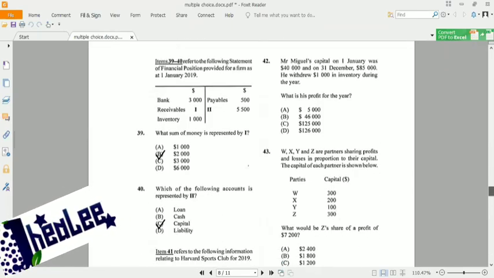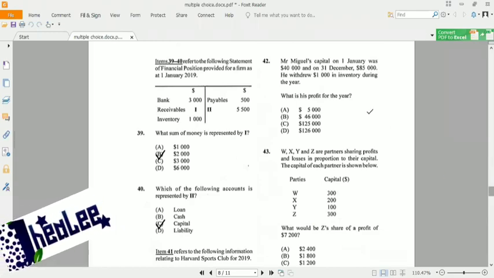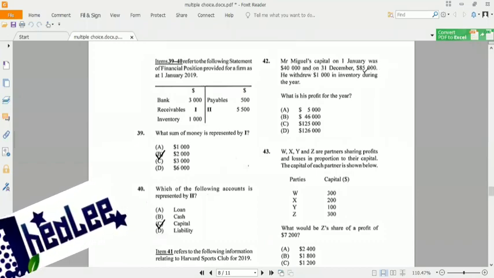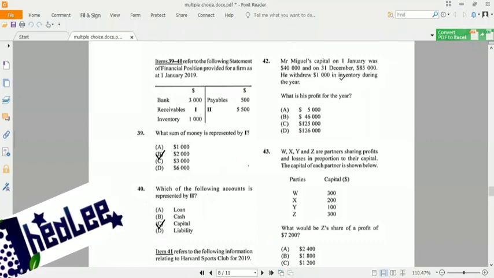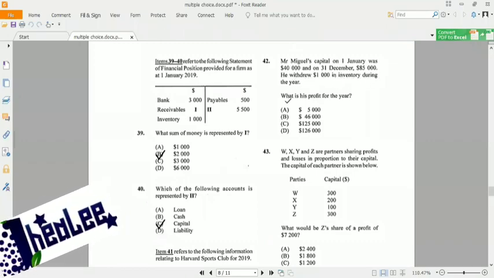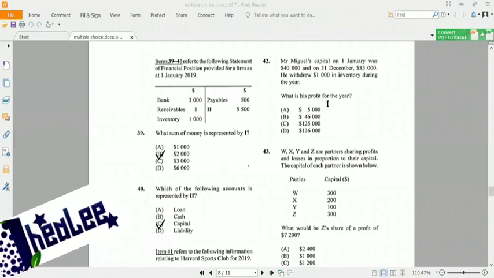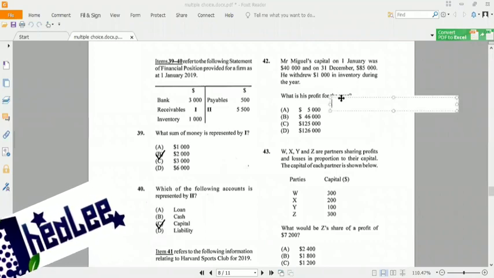All righty. So we're now at number 42. Mr. Miguel's capital on January 1st was 40,000, and on December 31st, 85,000. He withdrew 1,000 in inventory during the year. What is profit for the year? I will be annotating because I want to ensure that everyone is following.